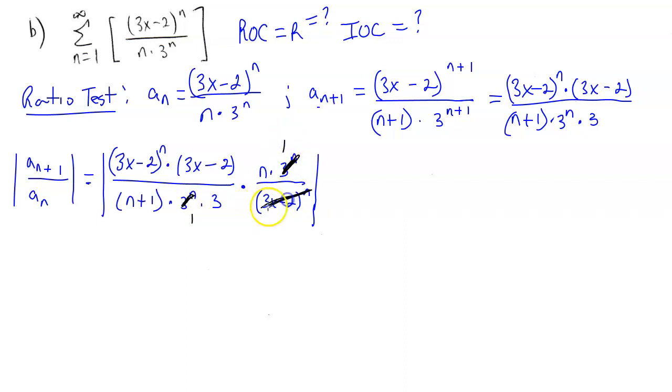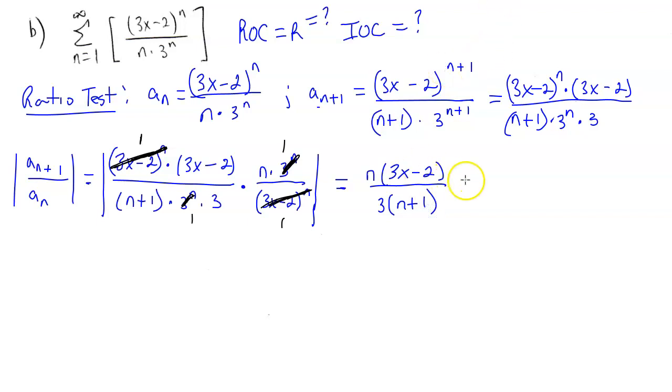The 3x minus 2 raised to the n over 3x minus 2 raised to the n reduces to 1 as well. What's left in the numerator is n times 3x minus 2. In the denominator, we have 3 times n plus 1.